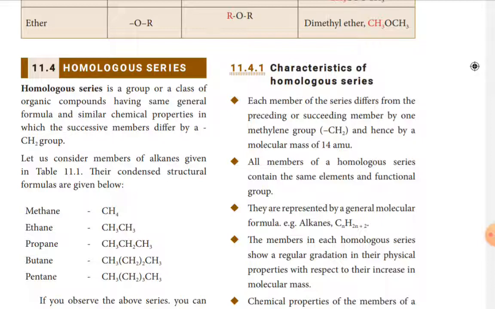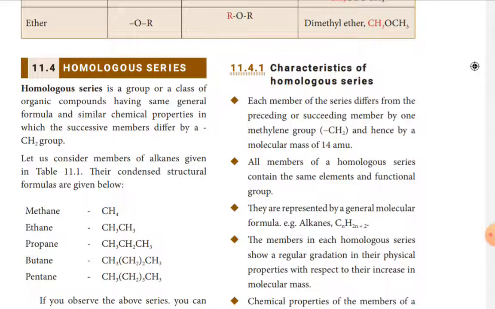Each member of the series differs by one CH2 group. We already learned in the introduction part: the difference between two successive members of the homologous series is one methylene group, CH2.